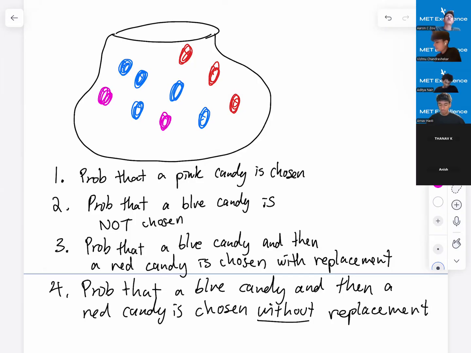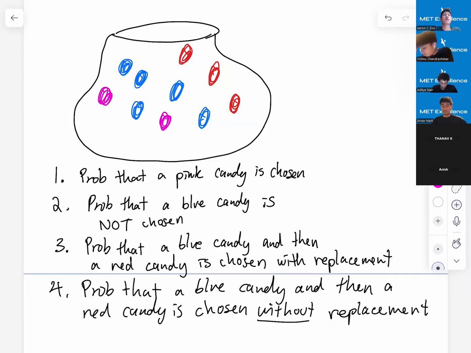Okay, so to give a story behind question three, now let's say that we put all the candy back, and now I tell him to pick two candies. So my friend will take out one candy, and then after taking out the one candy, he'll put it back, and then he'll draw another candy.